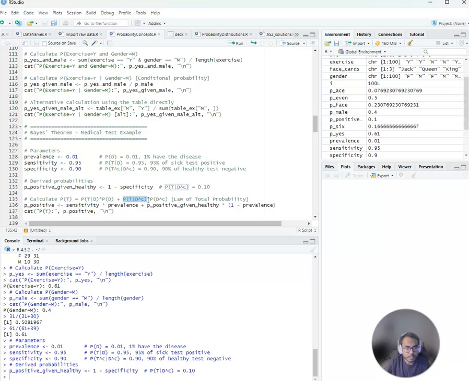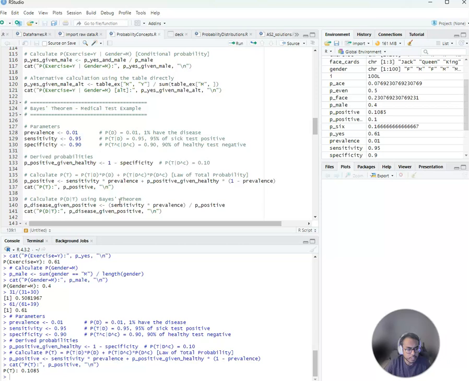What this captures is the fact that you can test positive in two scenarios. A, you actually have the disease, or B, you don't have the disease. If you have the disease and you still test positive, this is the probability that happens. And if you do not have the disease, yet you still can statistically test positive, then the second component captures that. So essentially that's what's happening.